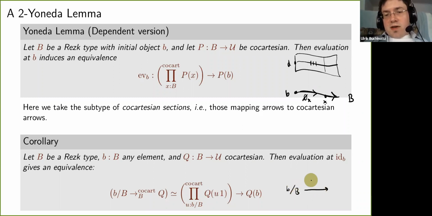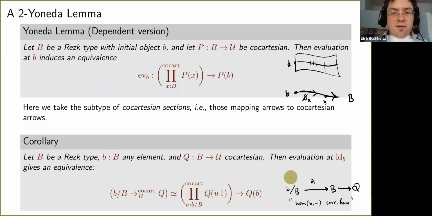So you have the endpoint map partial 1 from the slice to B. So the families here, remember, are Hom B blank. That's the corresponding family. And you can compose this with Q. And this is a co-Cartesian family over now the slice. And here you have the identity as an initial object. And then you can appeal to the dependent version and you recover this.